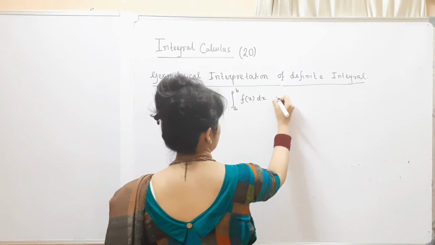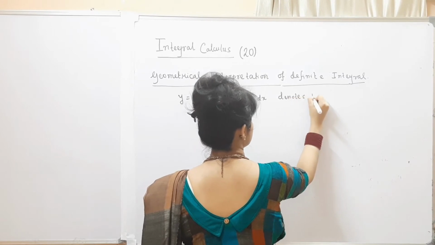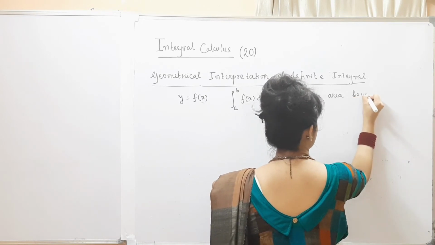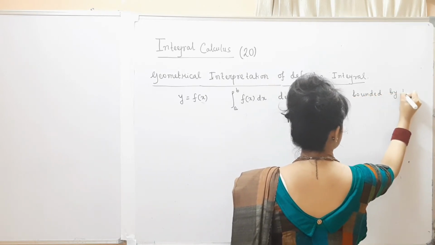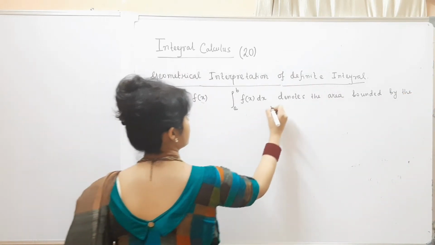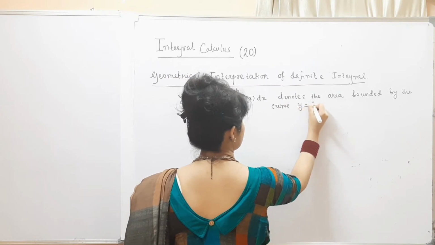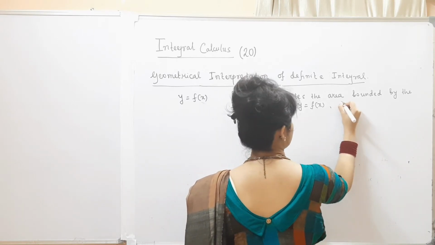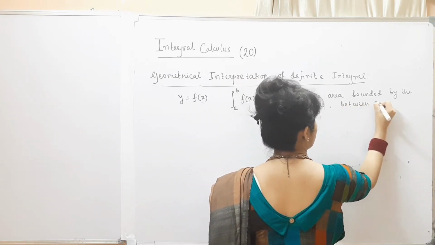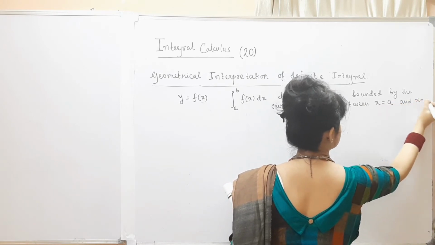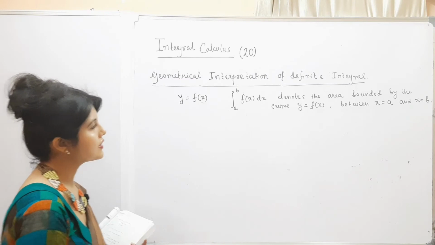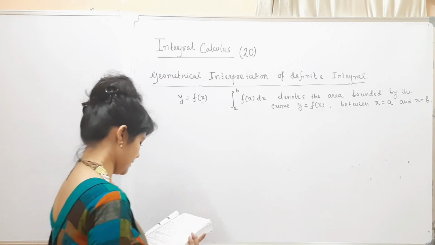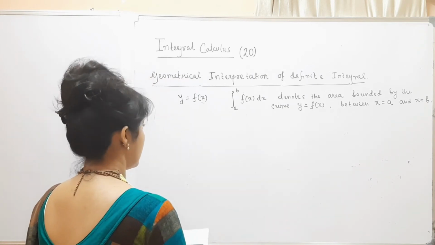It denotes the area bounded by the curve y equal to f of x between x equal to a and x equal to b. So first I am drawing the curve.